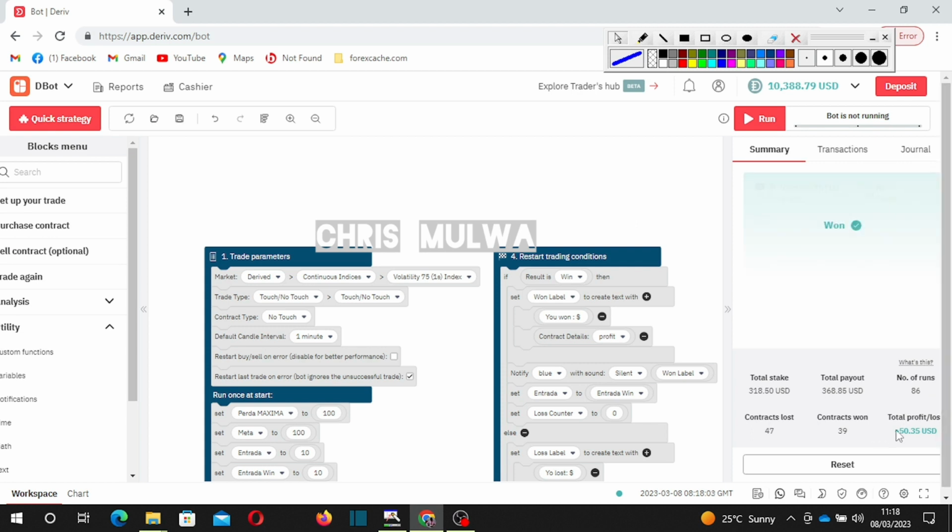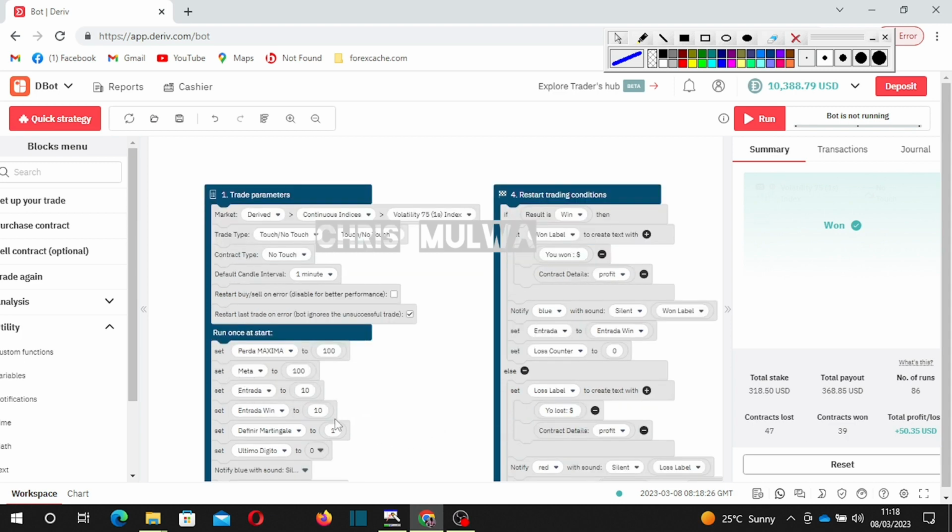And for this $50, the maximum stake we reached was $20. So when making this, we risked $20 because of the 1 loss, and the Martingale multiplied that to a stake of 20.